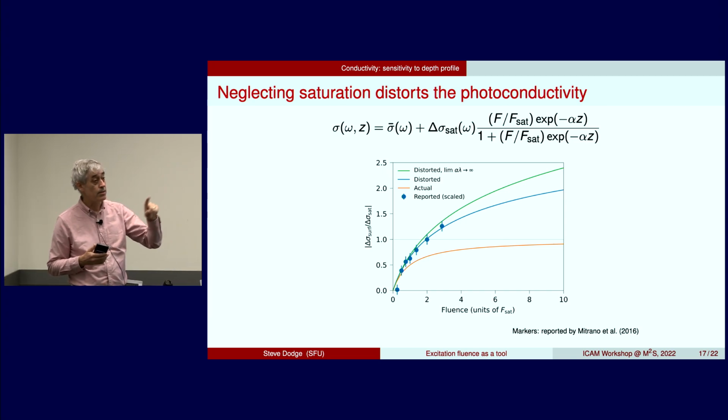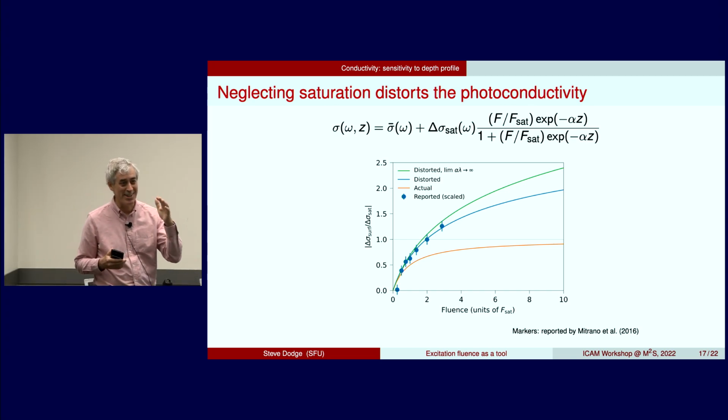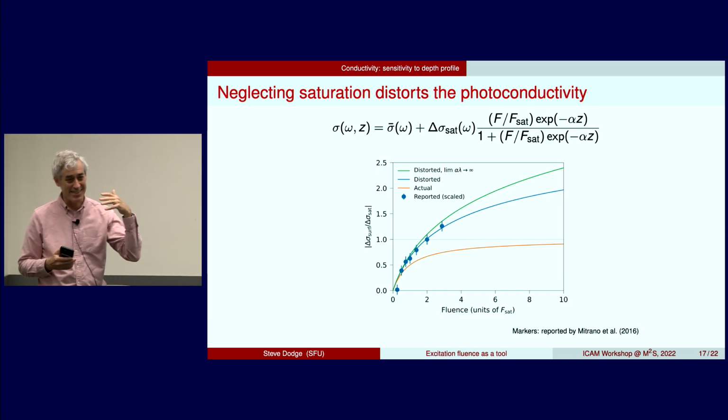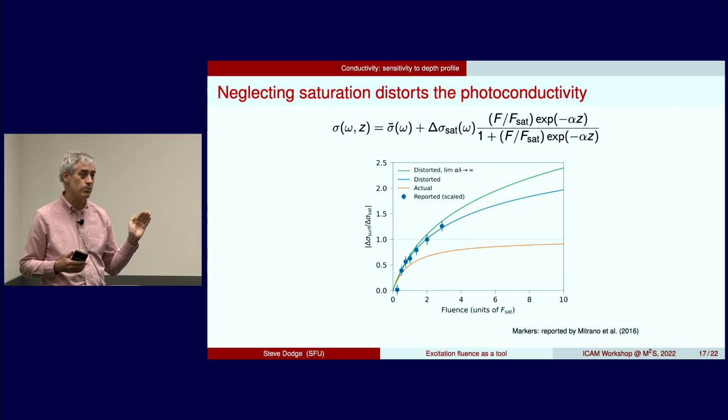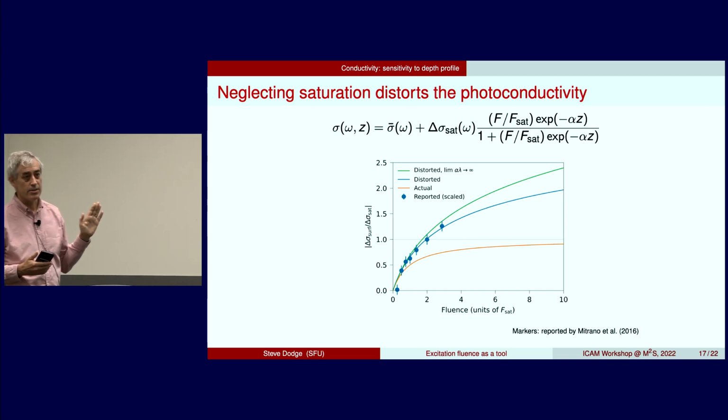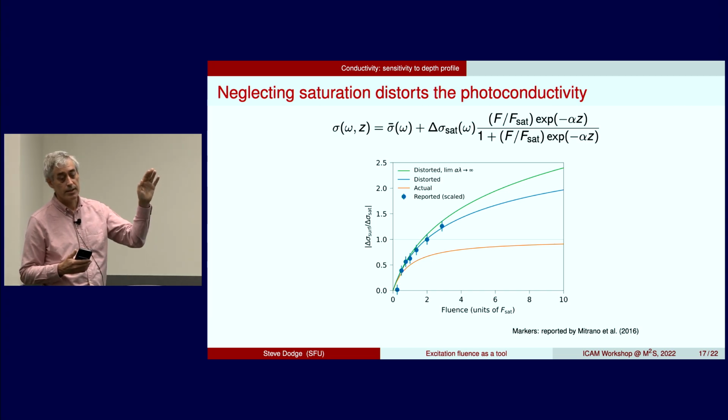Many of the YBCO papers, and the cuprate papers generally, show the superfluid density, which they extrapolate from a fit to sigma 2, as a function of electric field, and that is approximately linear.